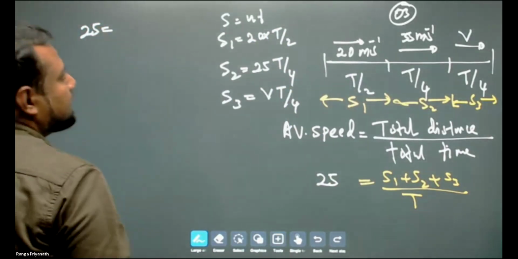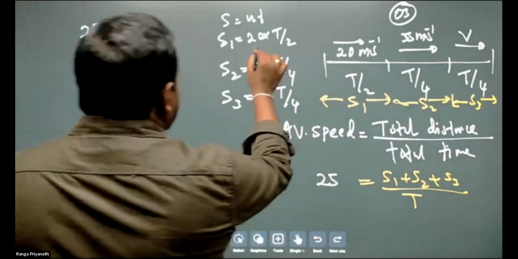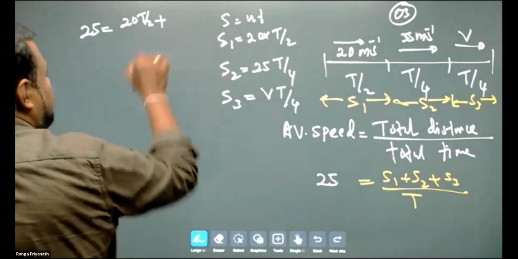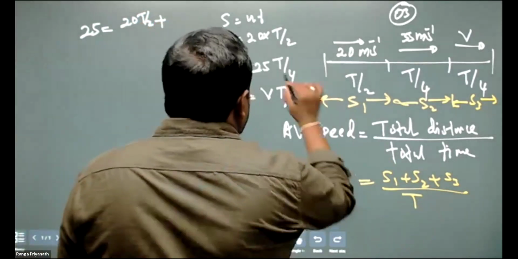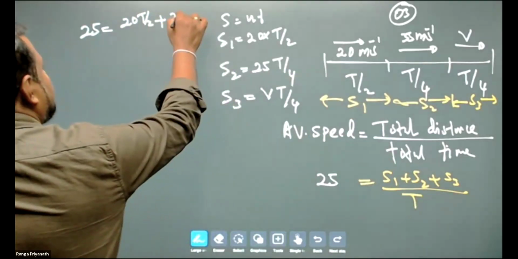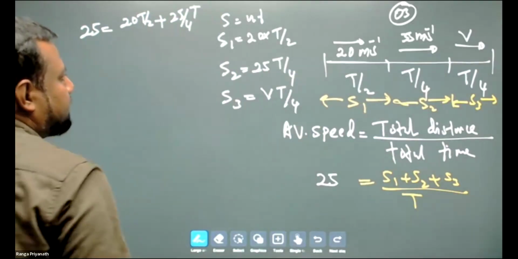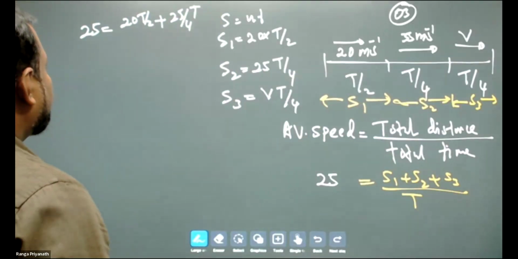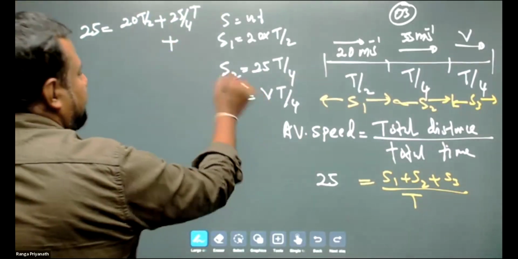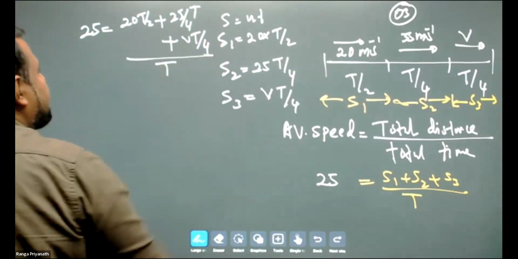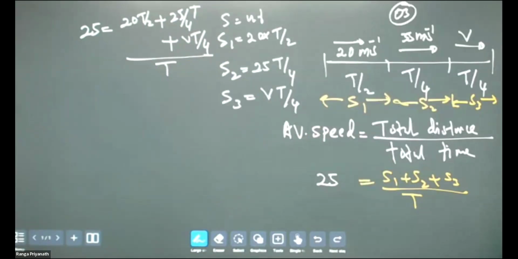25 equals 20 into T by 2 plus 25 into T by 4 plus vT divided by 4, and the total time is capital T. Now you can simplify.